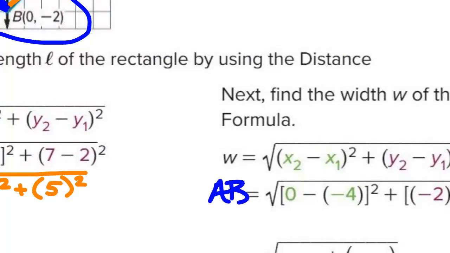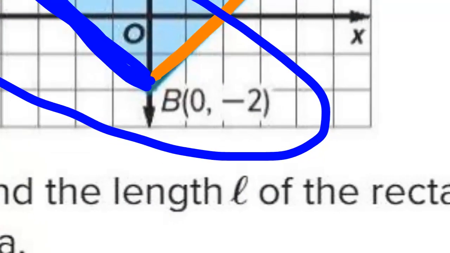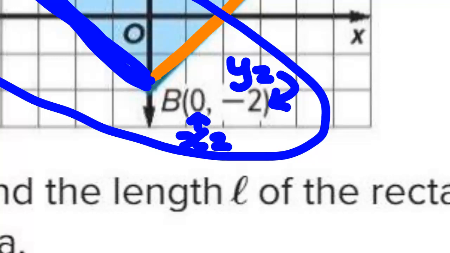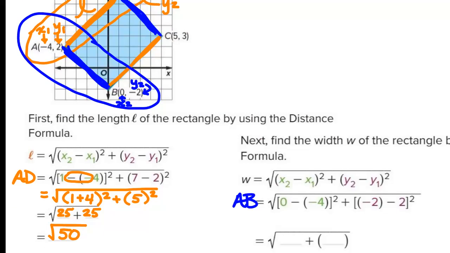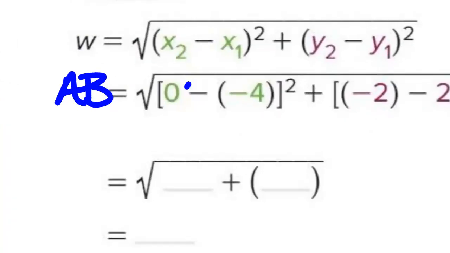So AB equals, I'm going to leave my x1 and y1 the same, but for this, my x2 is now 0, and my y2 is -2. So once again, they were kind enough to substitute that in for us. So I have 0 minus -4.